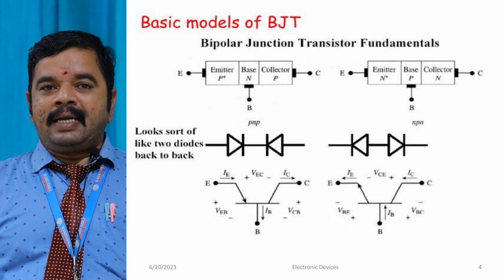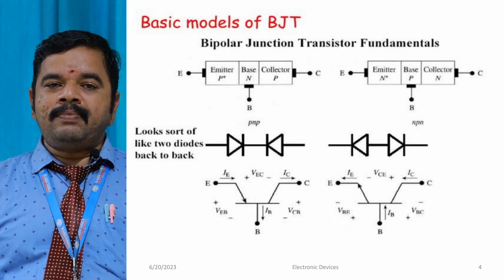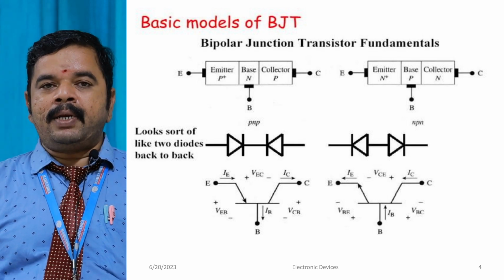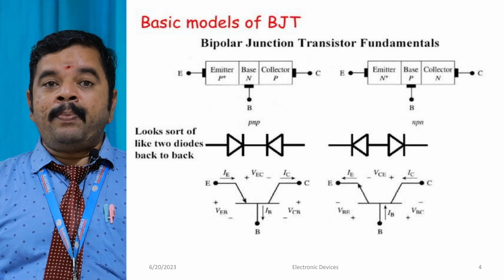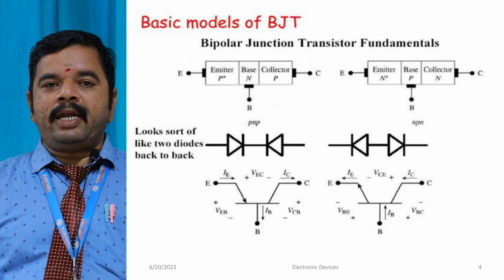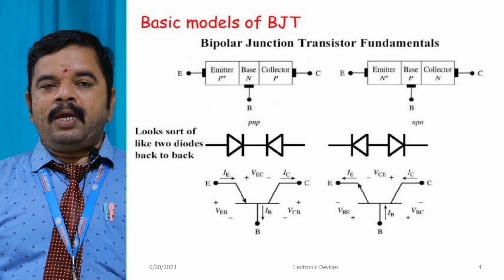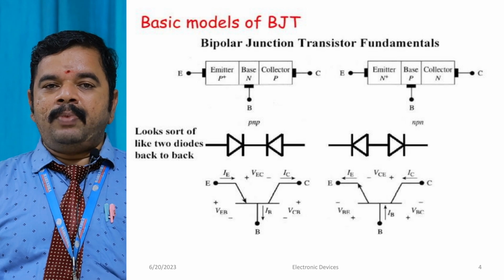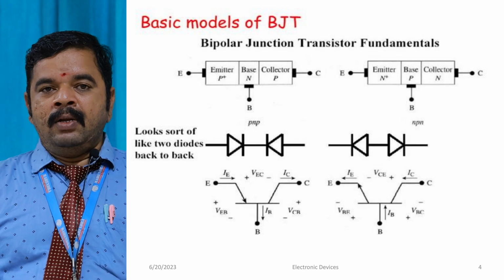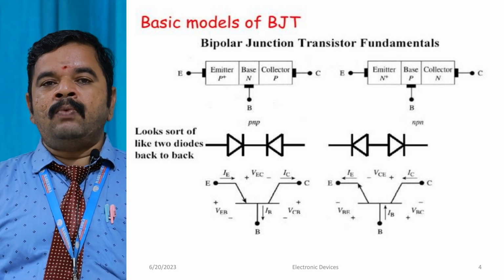There are two categories of transistor: the NPN transistor and the PNP transistor. What does NPN transistor mean? A p-type semiconductor doped between two n-type semiconductors is called an NPN transistor. And a PNP transistor has an n-type semiconductor doped between two p-type semiconductors. So depending on the doping, we classify the terminals of the transistor. What are the three terminals?